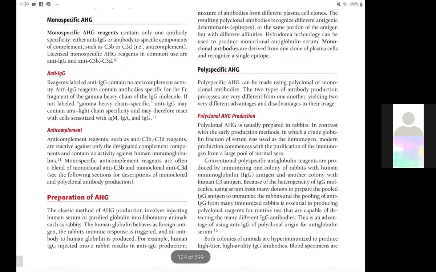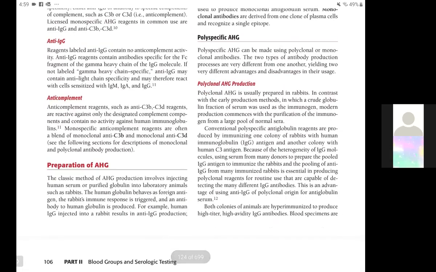So the polyspecific AHG can be made using polyclonal or monoclonal antibodies, and the two types of antibody production processes are very different from one another, yielding very different advantages and disadvantages in their usage.